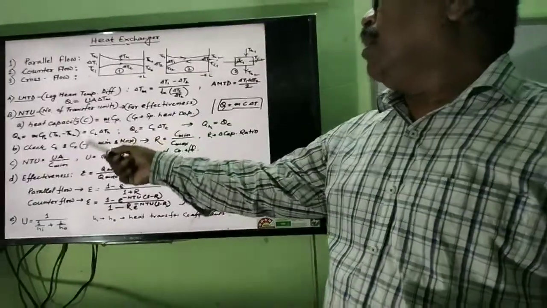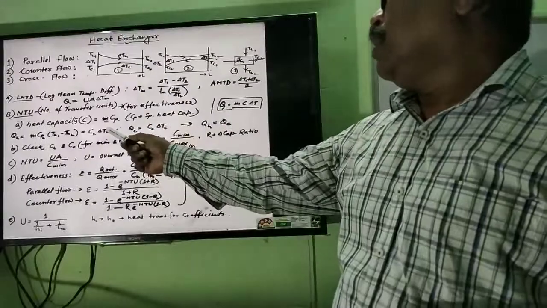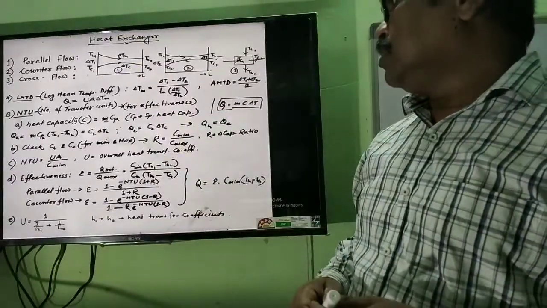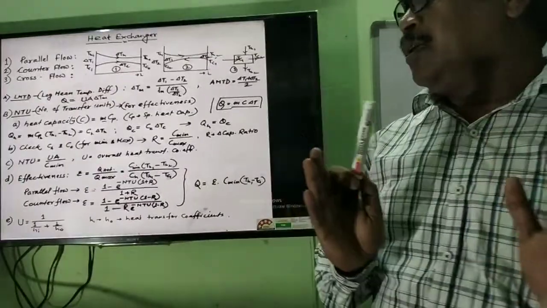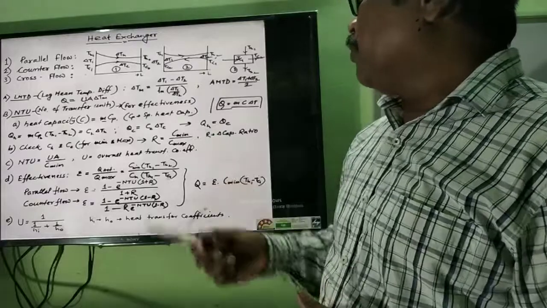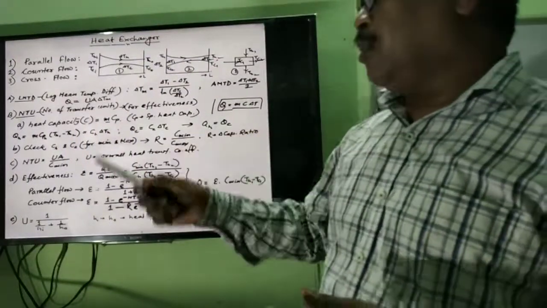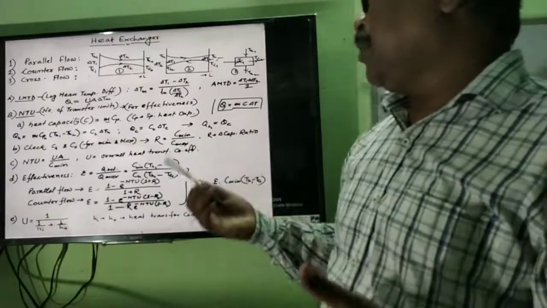Generally, whatever amount of heat is given by the hot fluid is taken by the cold fluid, heat loss equal to heat gain. That is the only concept. From this you can calculate the amount of heat transfer, Q. Remember, specific heat capacity multiplied by mass gives the heat capacity.